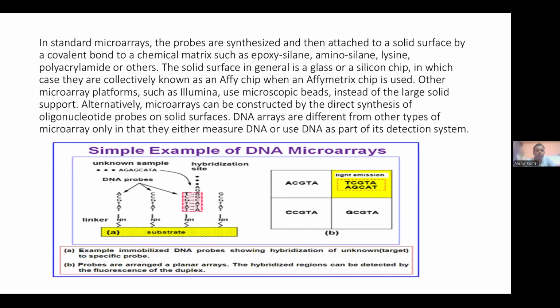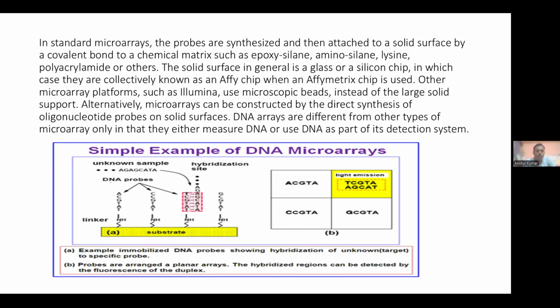Alternatively, microarrays can be constructed by the direct synthesis of oligonucleotide probes on solid surfaces. DNA arrays are different from other types of microarray only in that they either measure DNA or use DNA as a part of their detection system.